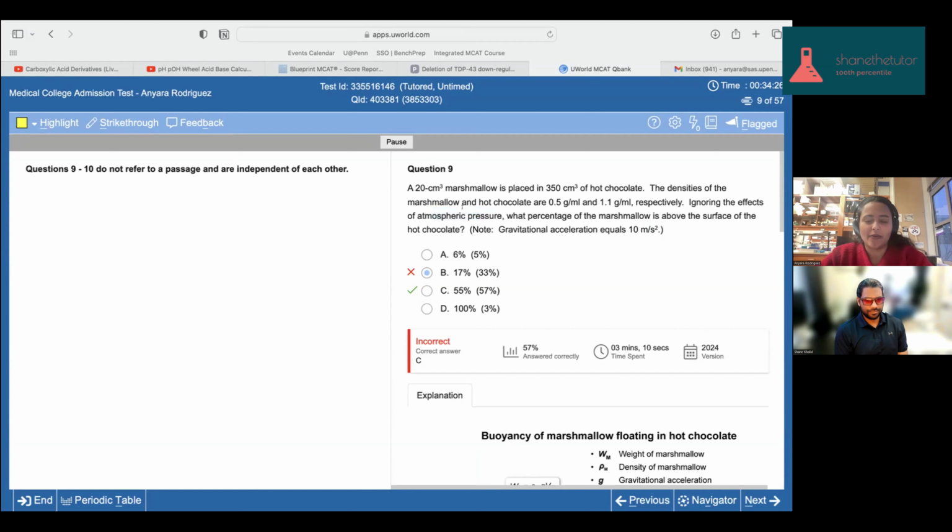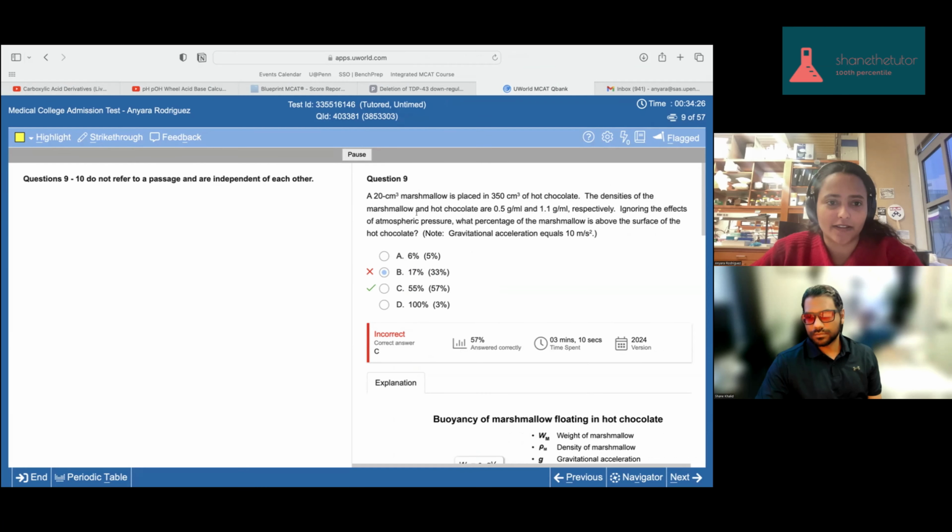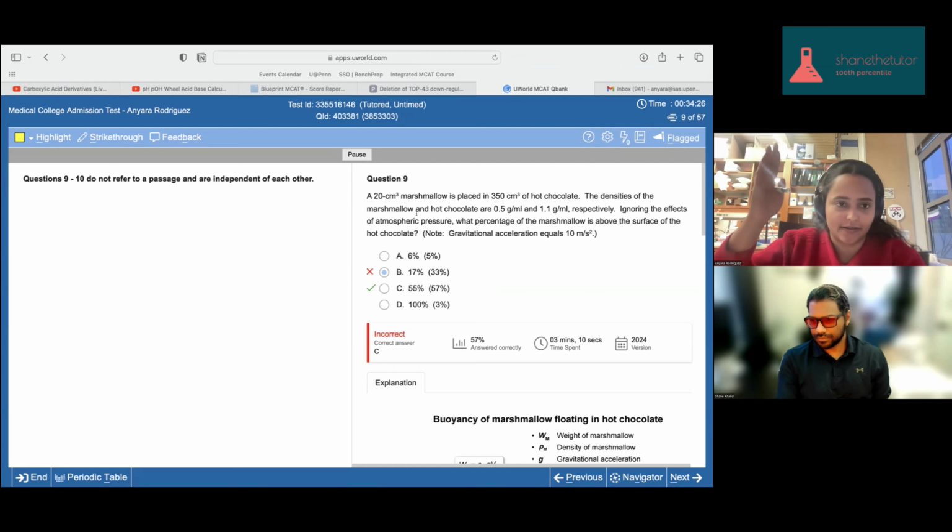The way I started thinking about this was in terms of forces acting on it. A force from the marshmallow down, gravity, and then an upwards force from the hot chocolate against the marshmallow.